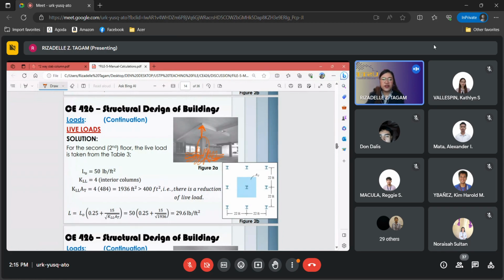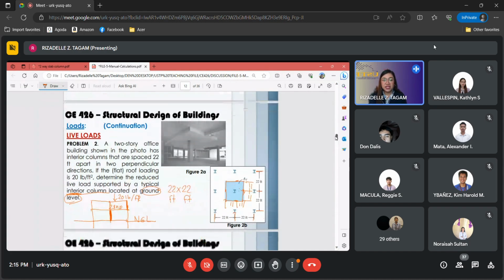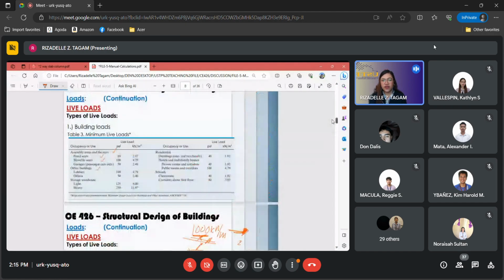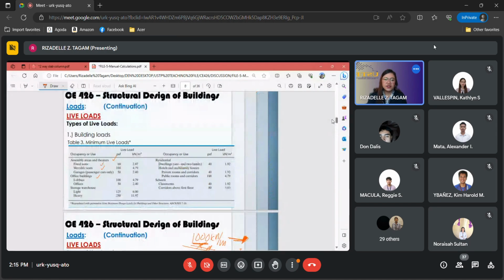So for the second floor, the live load is taken from Table 3. Our problem specifies that this is a 2-story office building, so we look for office.